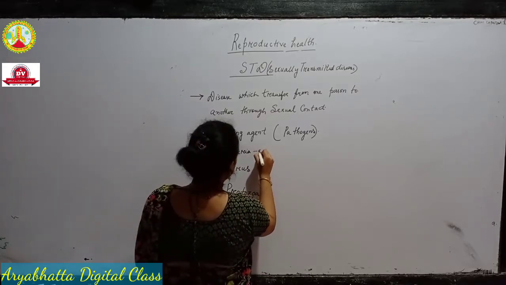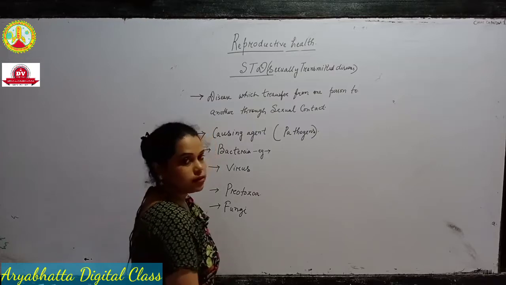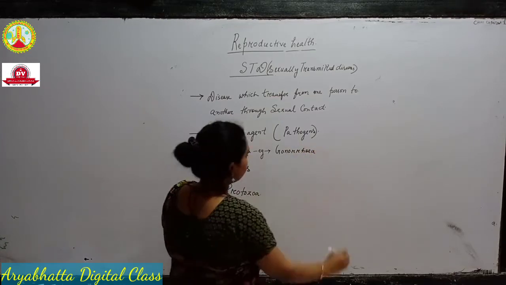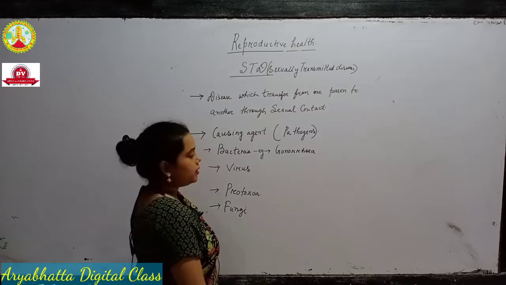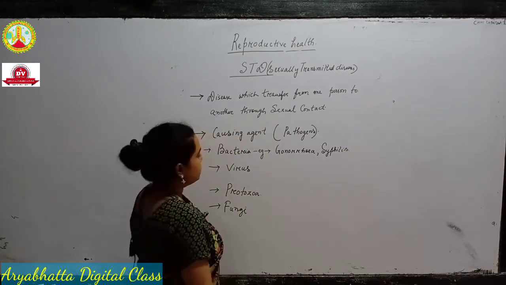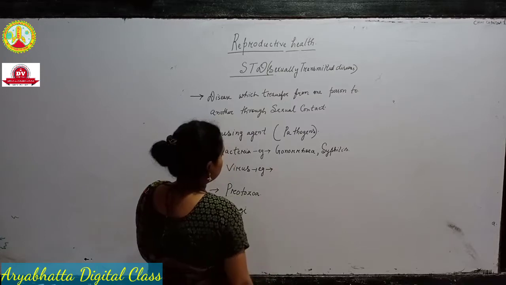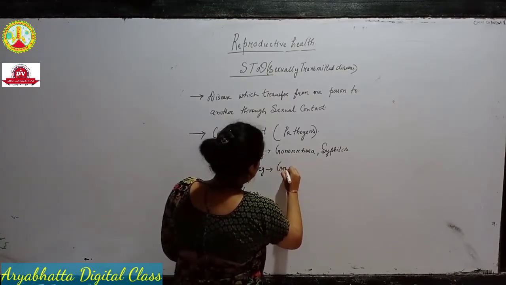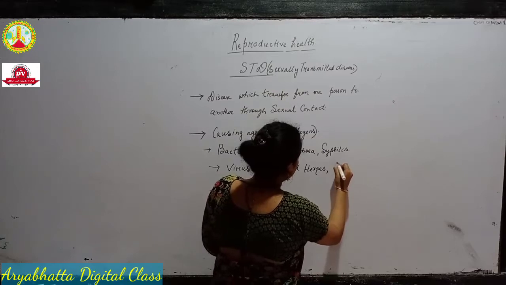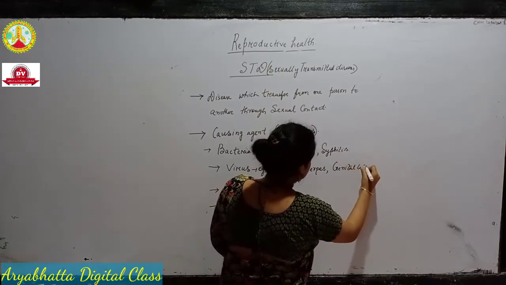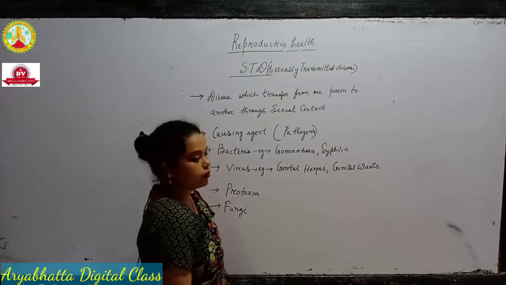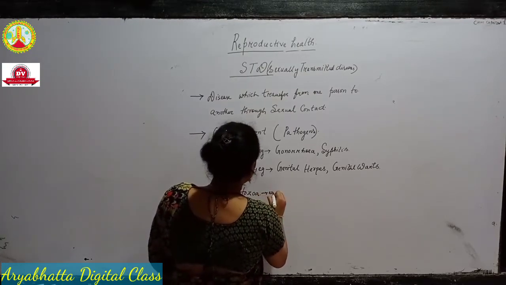So in bacteria you can give examples. Bacterial diseases: gonorrhea. Gonorrhea is the name of a sexual disease which is caused by bacteria. Gonorrhea, syphilis. Next comes an example of virus. Virus can cause genital herpes. Another one, genital warts. Genital herpes, genital warts. These are all related to the genitalia of humans. Next comes protozoa.